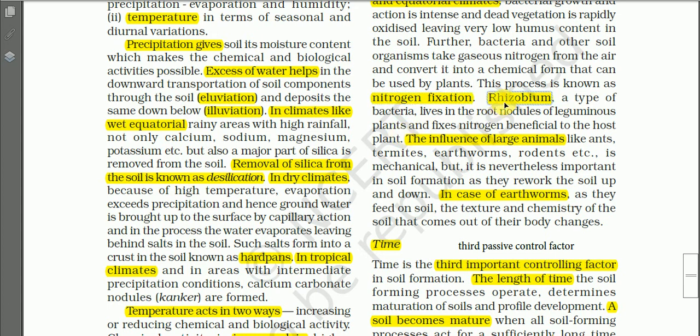Rhizobium is a type of bacteria that lives in the root nodules of leguminous plants, fixes nitrogen, and is beneficial to the host plant. It lives in the root nodules of leguminous plants like pea and other similar types of plants.